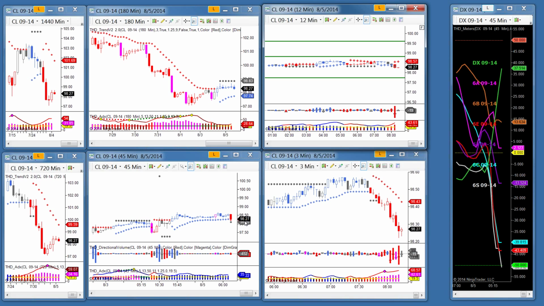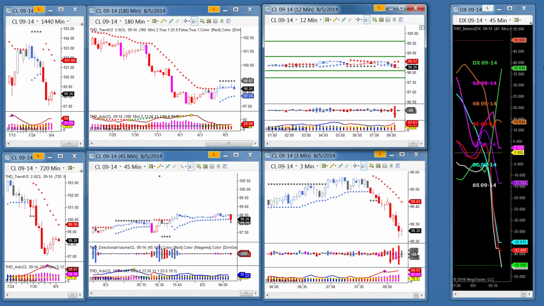We're forming a congestion dot right now intra-bar at 98.10. So again, put that value on here because you don't know which one is actually going to give it support. It is trying to find support right now to go up.